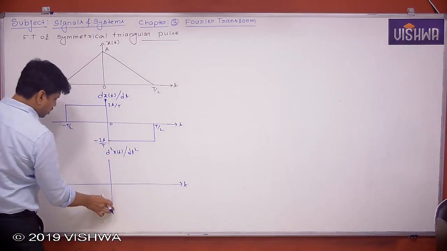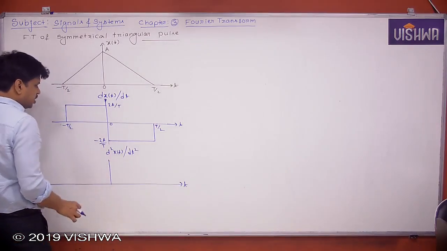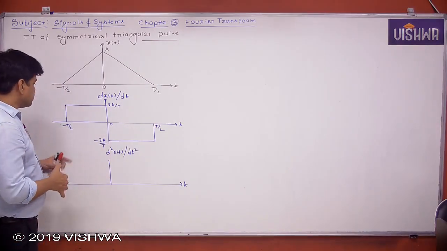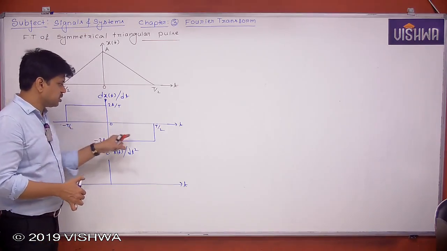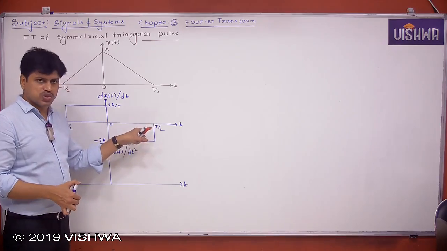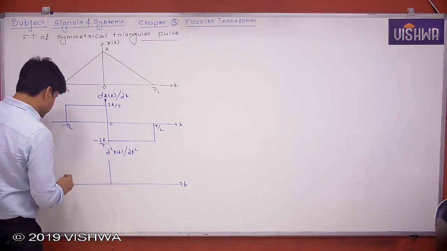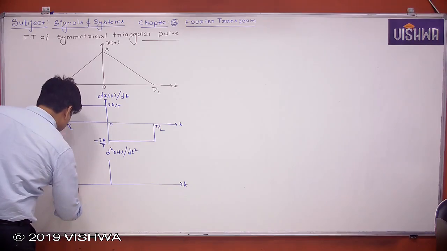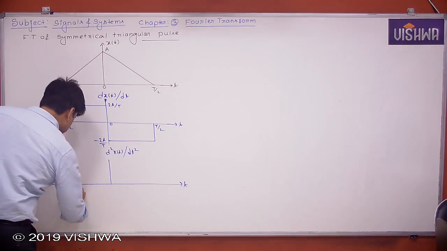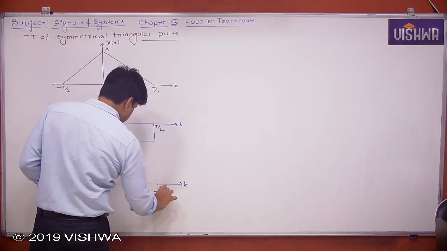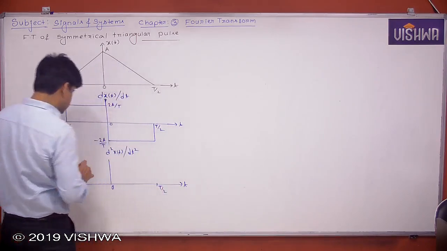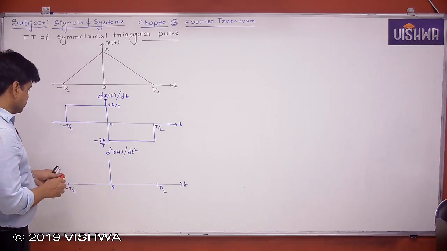If you observe carefully, we have three impulses. One is at minus T by 2 in the upward direction, one is at 0 in the downward direction, and one is at T by 2, which is also upward.